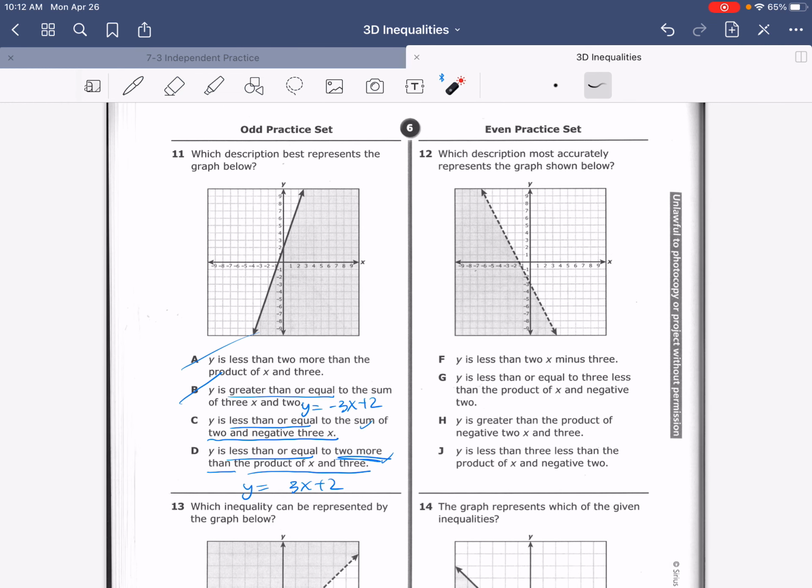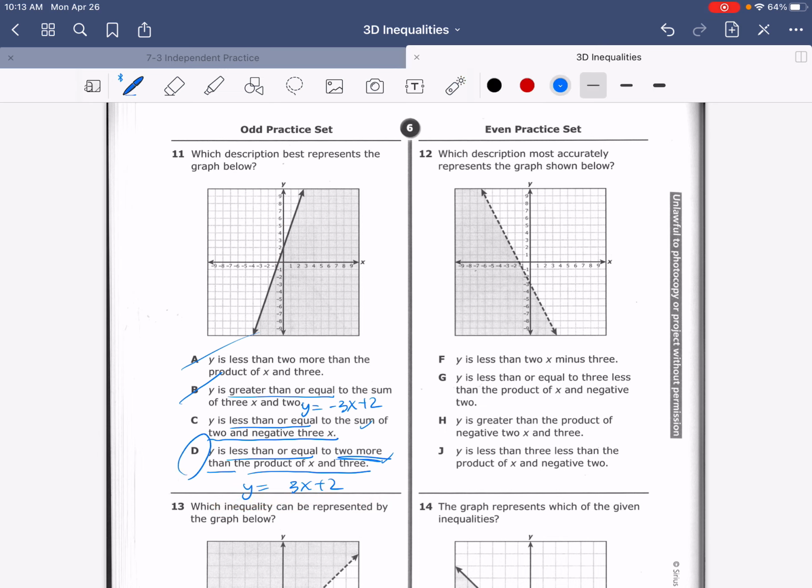What you have to do is graph one of these two and see which one matches with this line, because your graph will not show this inequality. To me, it's going to be D, because its line is going up, positive, right? So your slope should be positive as well. D.